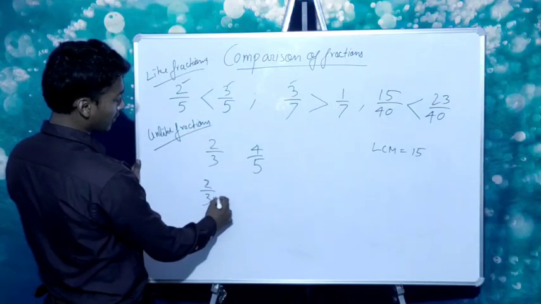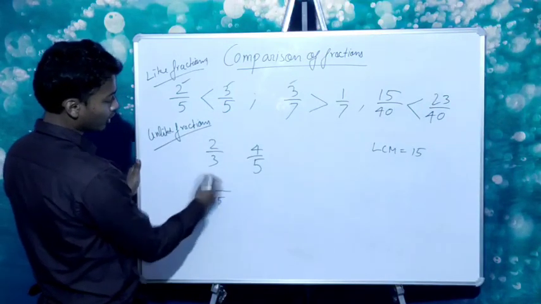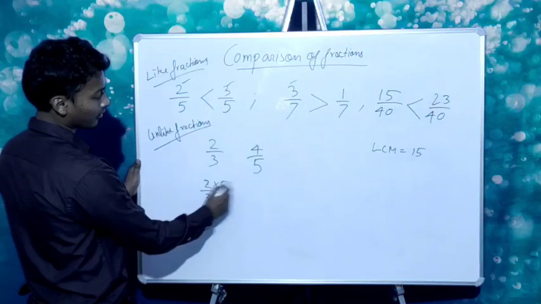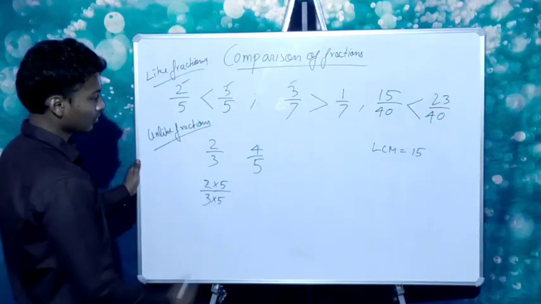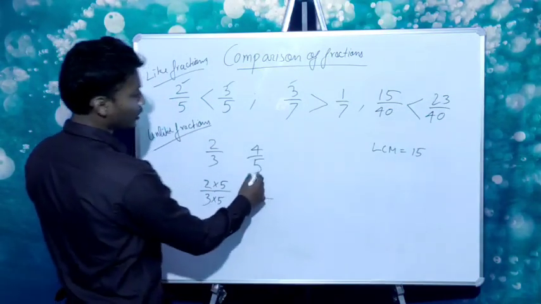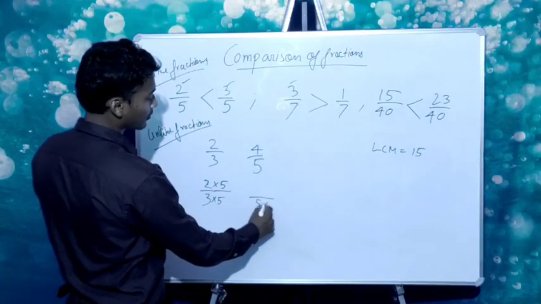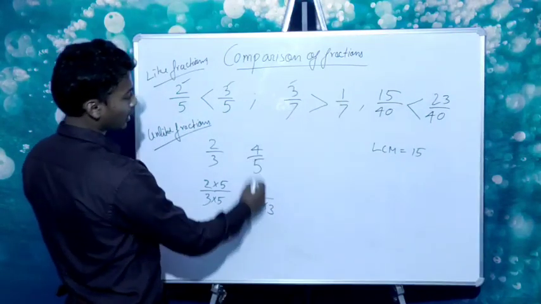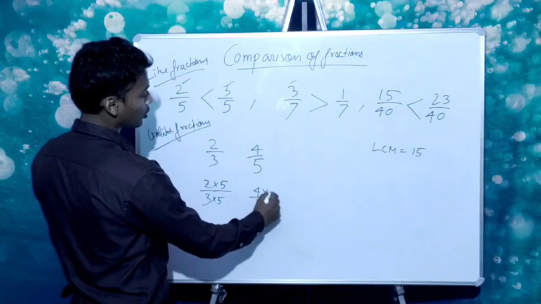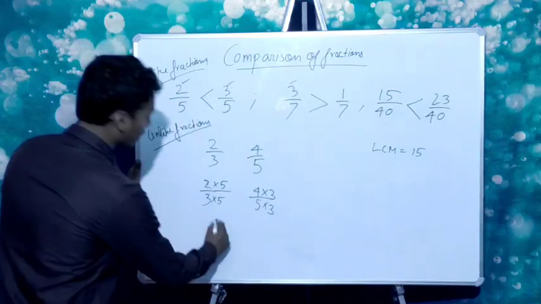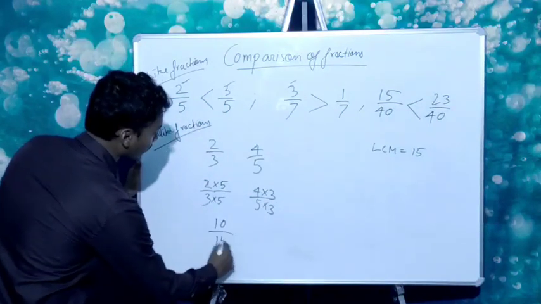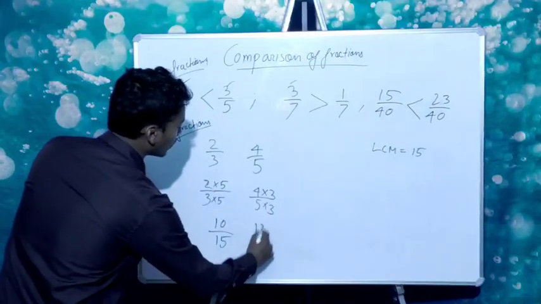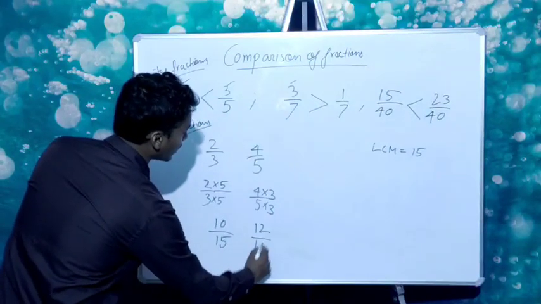So 3 multiplied by 5 will give you 15. So it means what will you multiply in the numerator? 5. And to change 5 into 15, you have to multiply 3. And you'll multiply the same with the numerator. So 2 5s are 10, 3 5s are 15, 4 3s are 12, and 5 3s are 15.